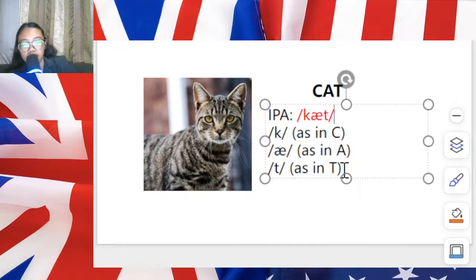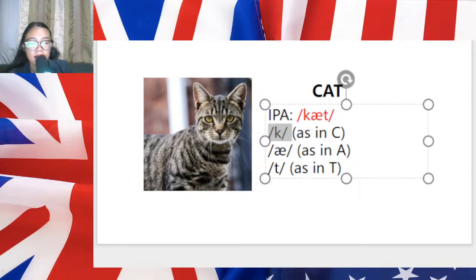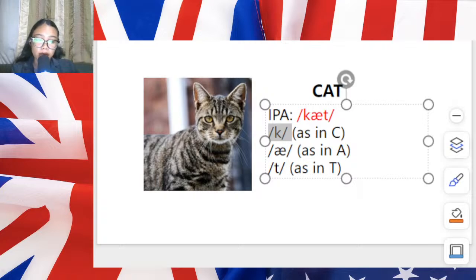That's it. Next to that is /æ/, which I've mentioned earlier. This unique IPA symbol represents the short vowel sound.